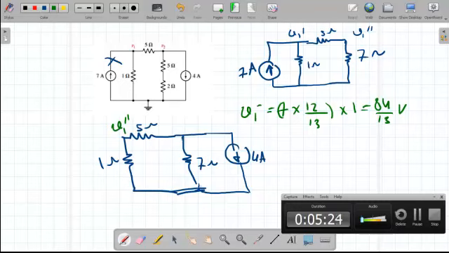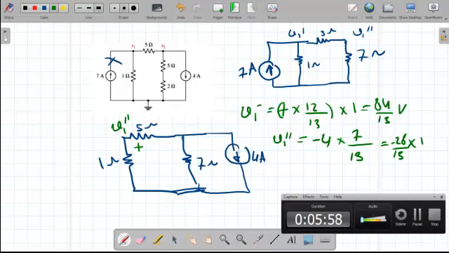Note that the current will cause a positive voltage here, so V1'' becomes negative. So V1'' will equal minus 4 times 7 over 7 plus 5 plus 1, so it will be 13. So this becomes minus 28 over 13 times 1 because we have the 1 ohm resistor here.